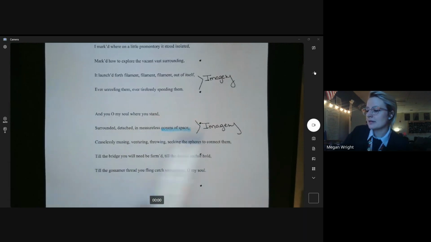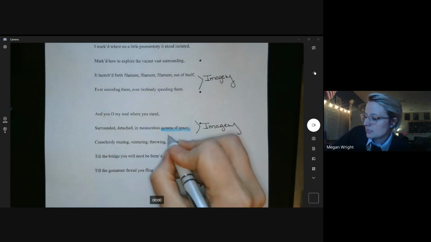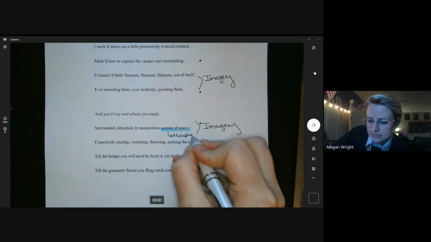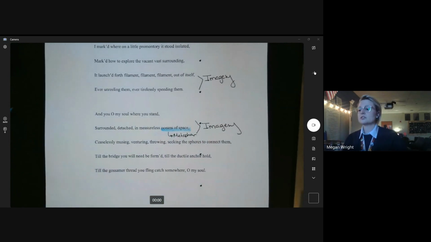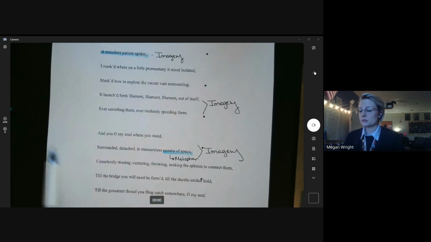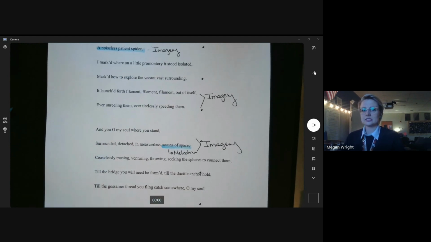What does he mean when he says oceans of space? What does that call to mind? And we could discuss the reiteration from the first stanza of this vacant, vast surrounding, and that this reiterates that idea, this vast emptiness when we think of space.